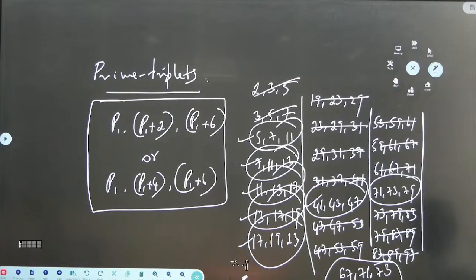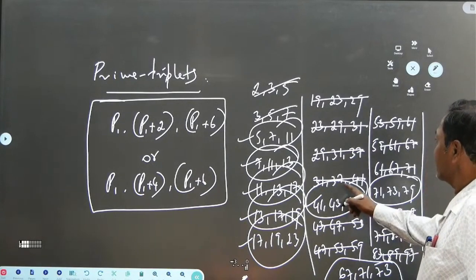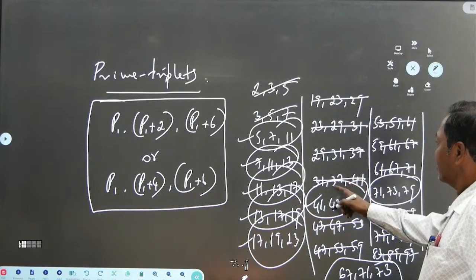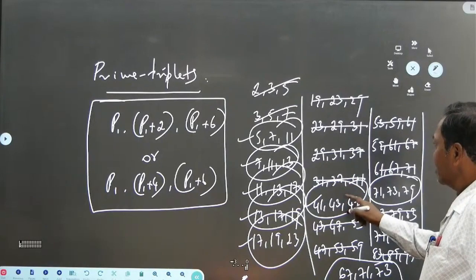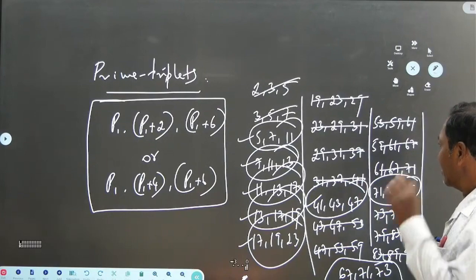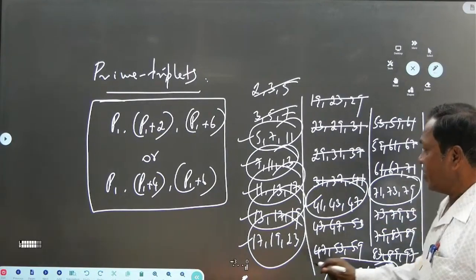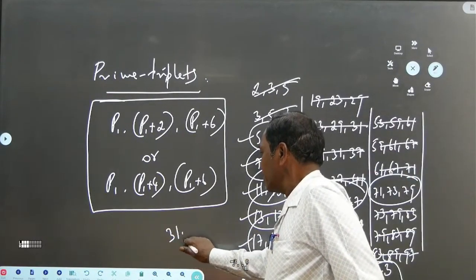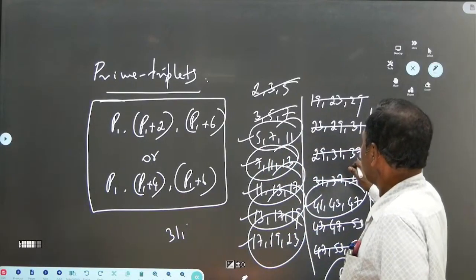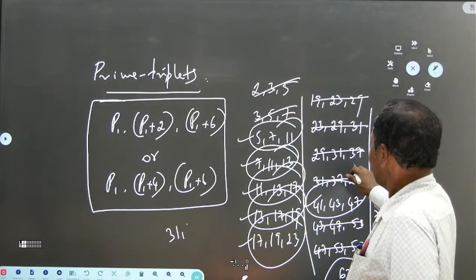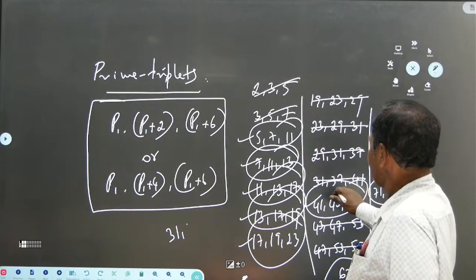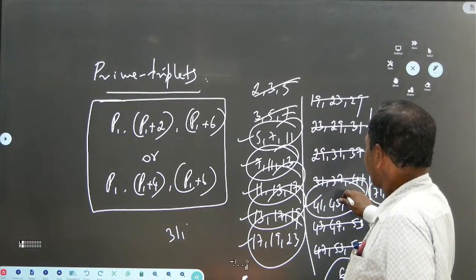Sir, 37, 41, 43, sir. 37, 41, 43. 71, 73, 79 will not work. 37, 41, 43. 31, 37. It is there, no? Hello, sir. 37, 41, 43 pair did not come. Sir, there 31, 37, 41 is written. They have repeated it there. It should be 37, 41, 43.